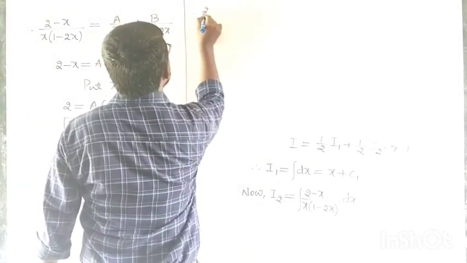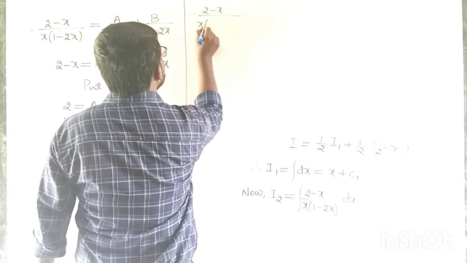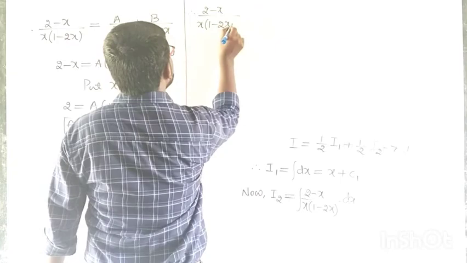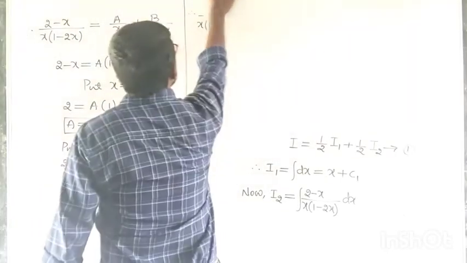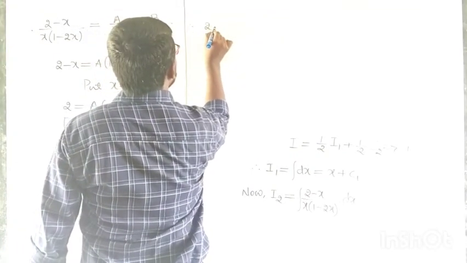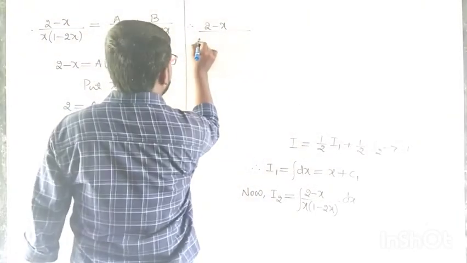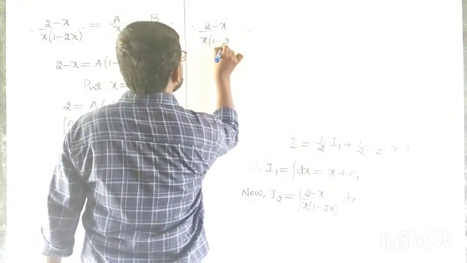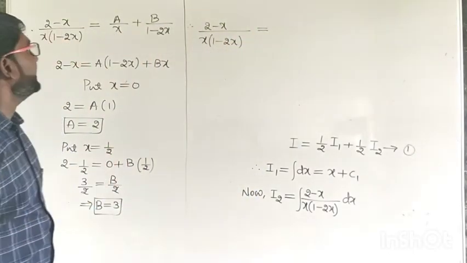Therefore, (2 minus x) divided by x into (1 minus 2x) equals, what is the value of A here?